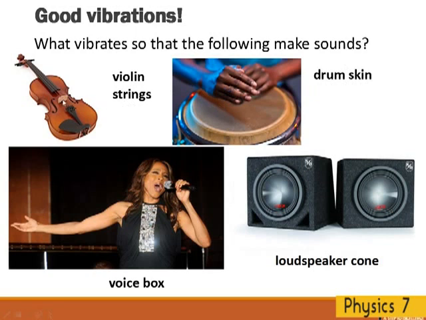And finally, the violin is able to produce wonderful sound due to the vibration of the violin strings. So in each one of these examples, you can see something actually vibrates in order to produce a specific sound.